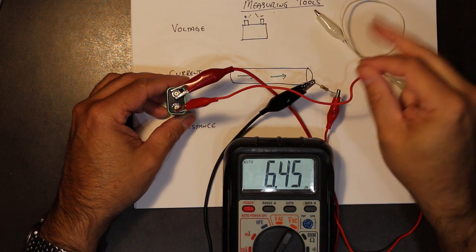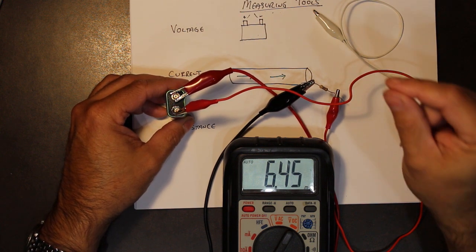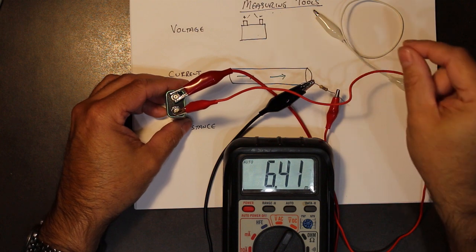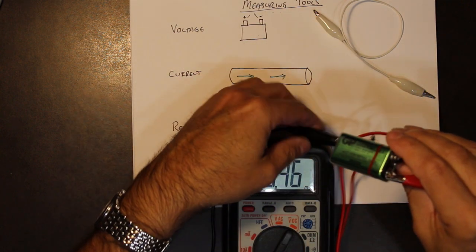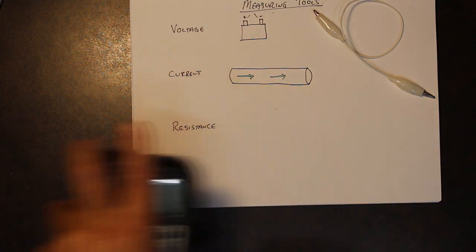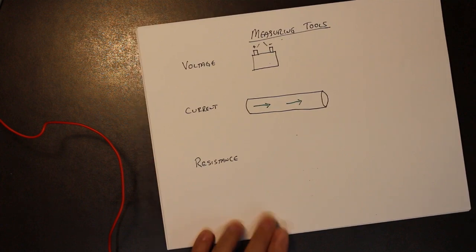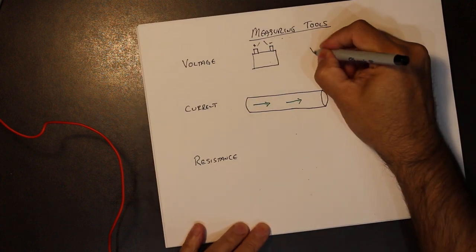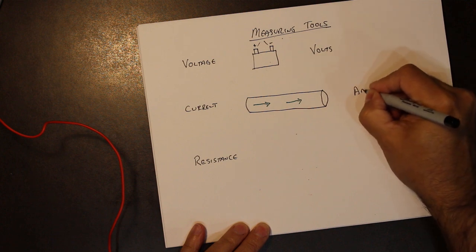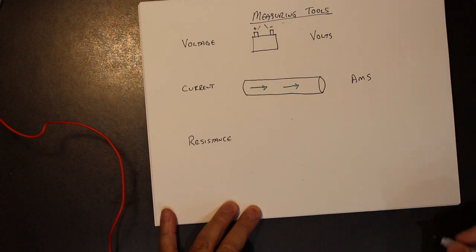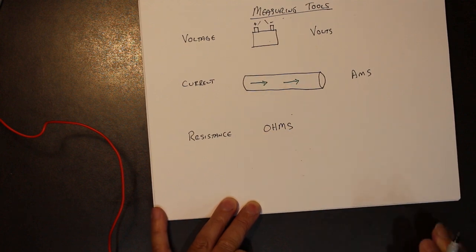The voltage is the potential energy that causes electricity to flow. Voltage is measured in volts, current is measured in amps, and from before, resistance is measured in ohms.